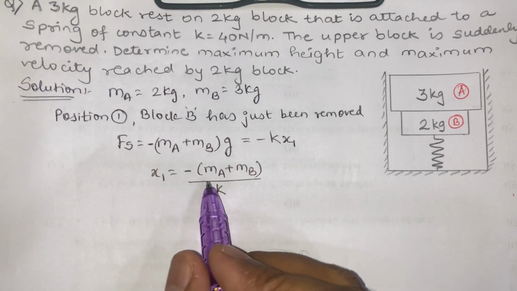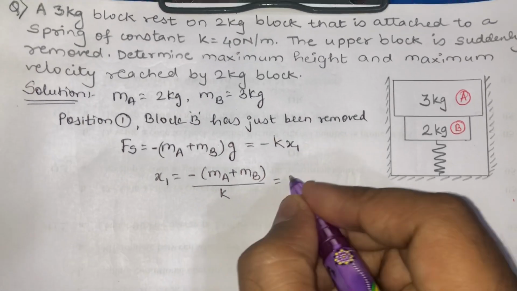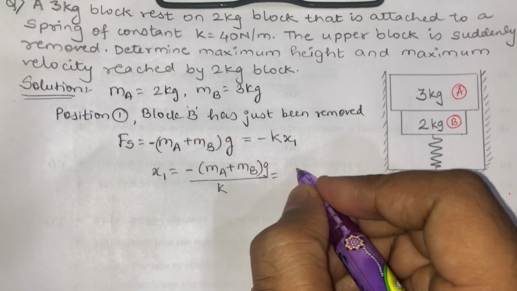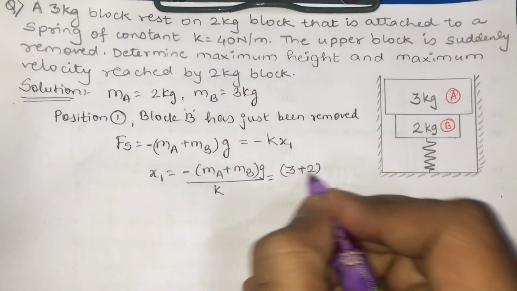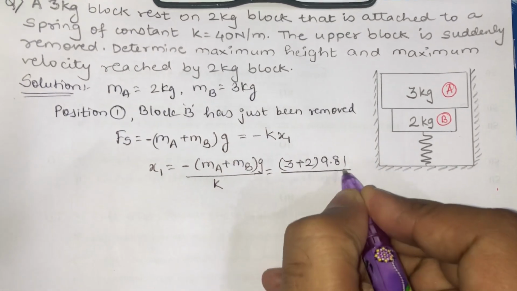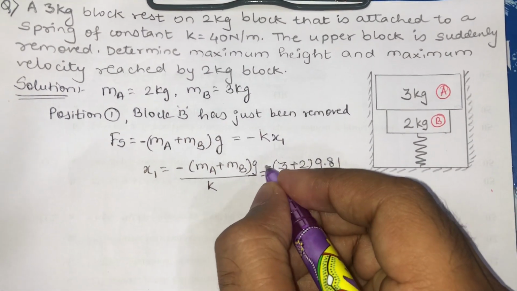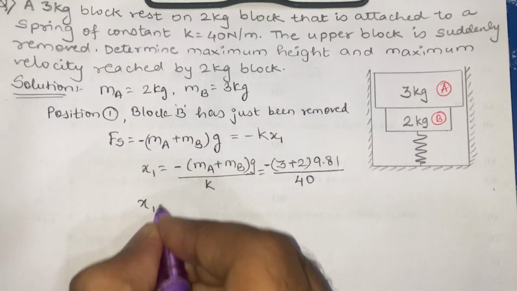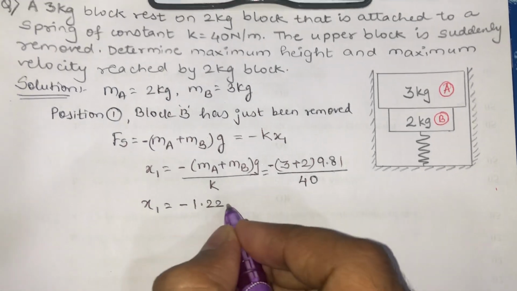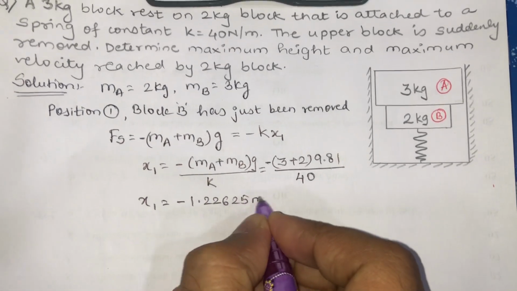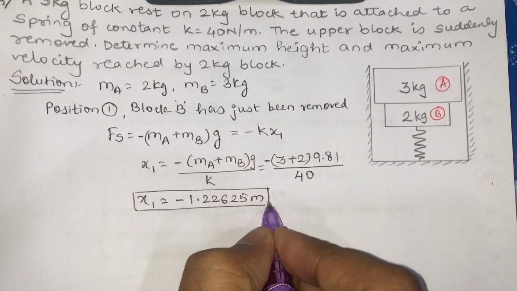So x1 equals minus (MA plus MB) into G upon K, which becomes (3 kg plus 2 kg) into 9.81 upon K, which is 40, and the negative sign. So x1 gives you the value minus 1.22625 meter. I hope you understood till this position.